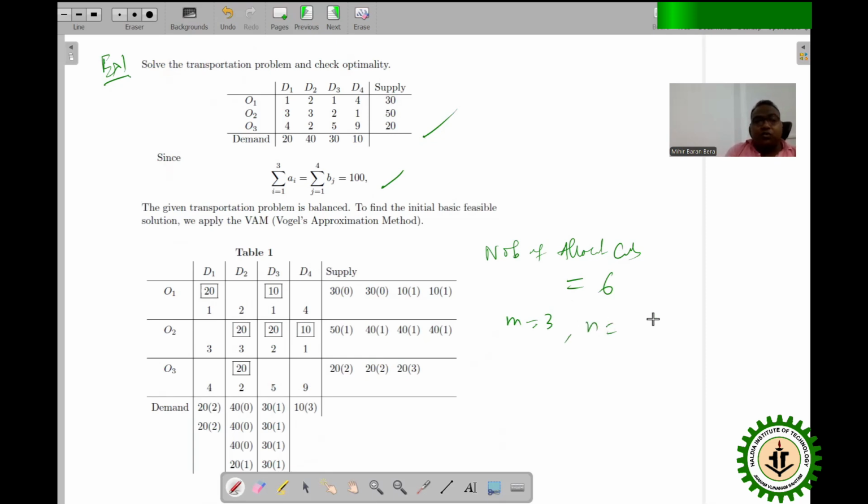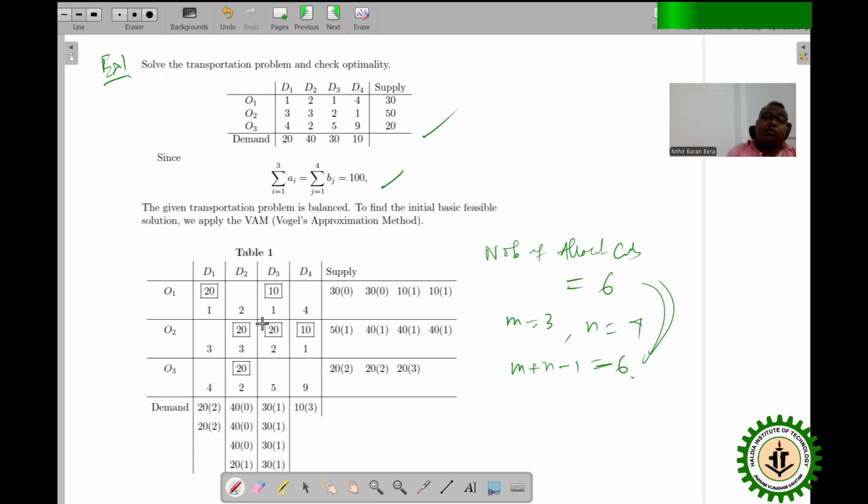N is equal to 4. So obviously, M plus N minus 1 is also equal to 6. So these two are the same, which indicates that this transportation problem has a degenerate solution.